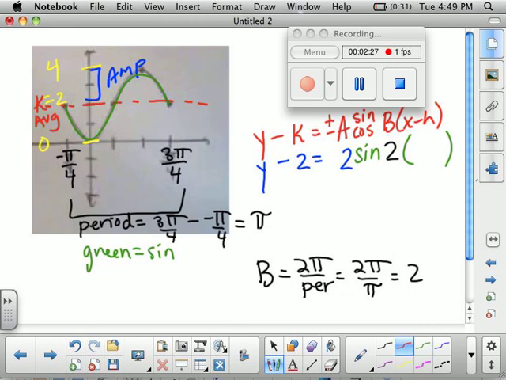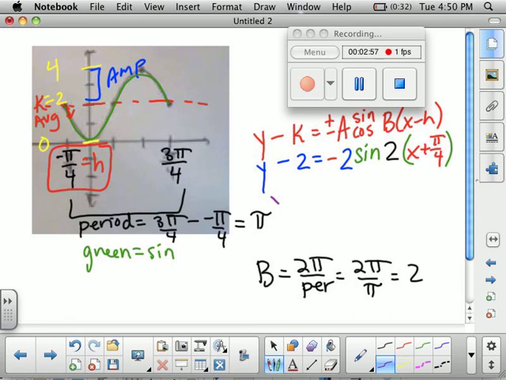If you look over on the left, since this curve starts in the middle and heads down, this is going to be a negative sine curve, because the first movement starts in the middle heading down. As far as the horizontal shift, this number right here will be our horizontal shift because that's where the curve starts. So it's going to be x plus pi over 4, because we always have the opposite sign.